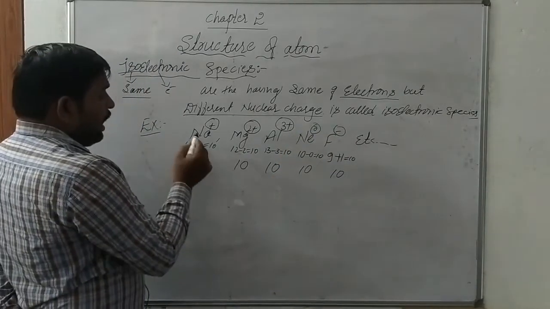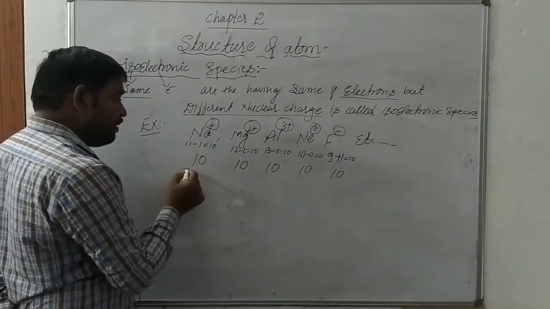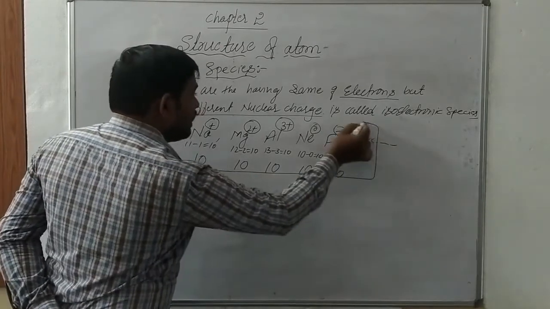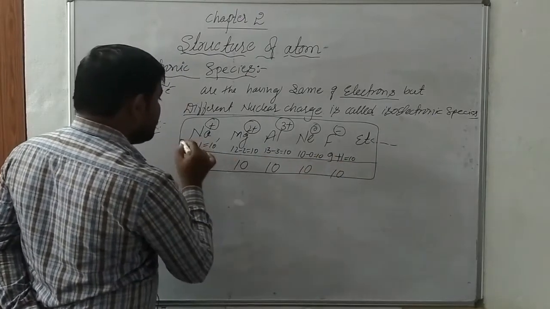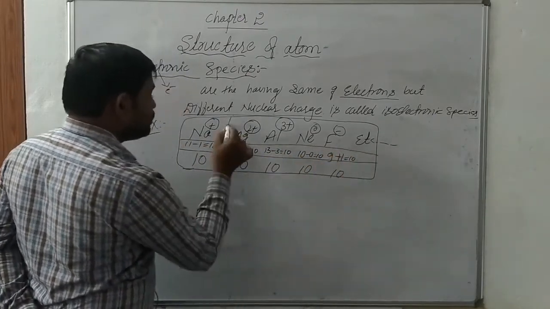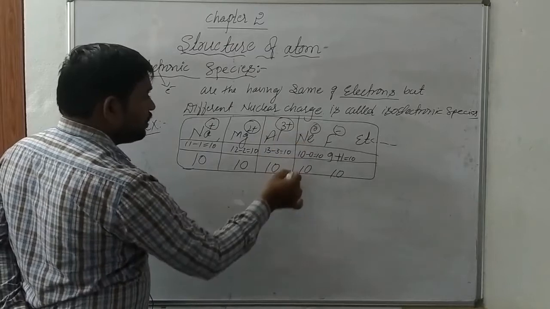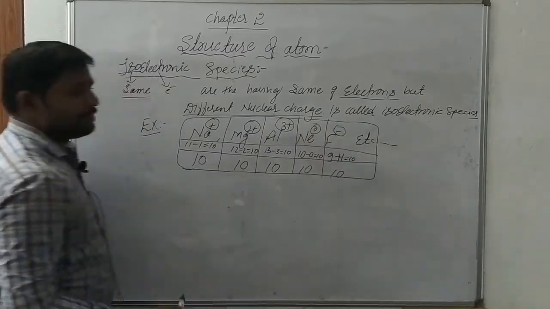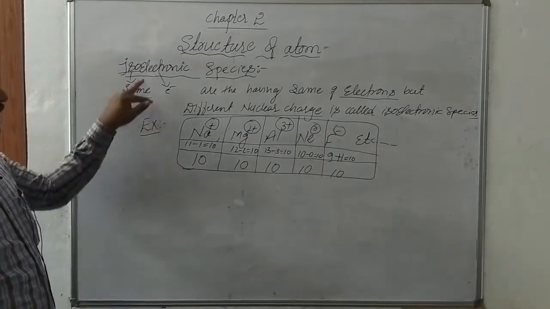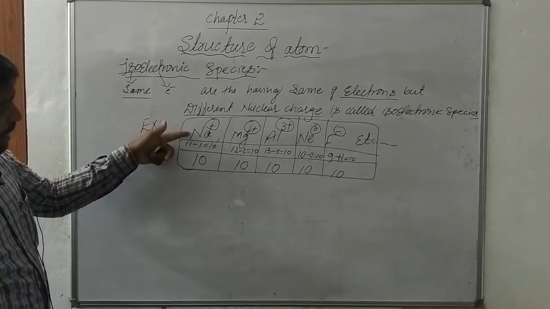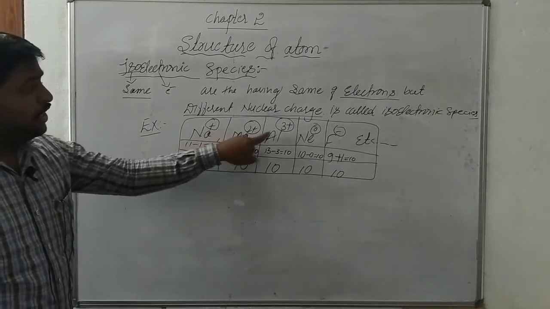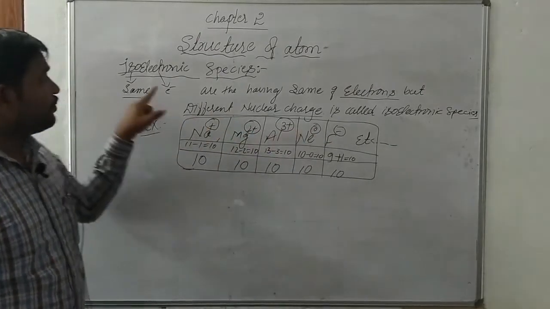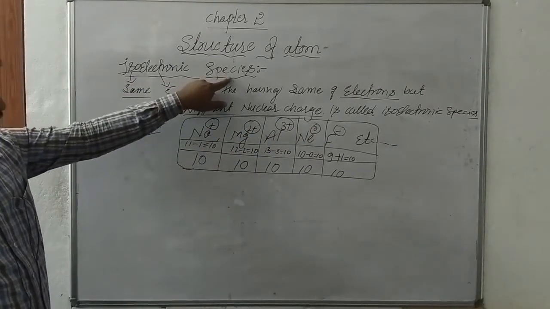So elements having the same number of electrons but different nuclear charge are called isoelectronic species. This is an example for isoelectronic species.